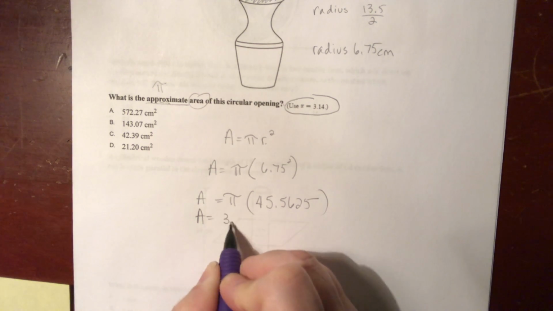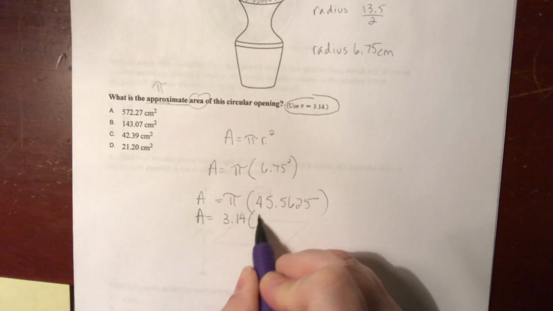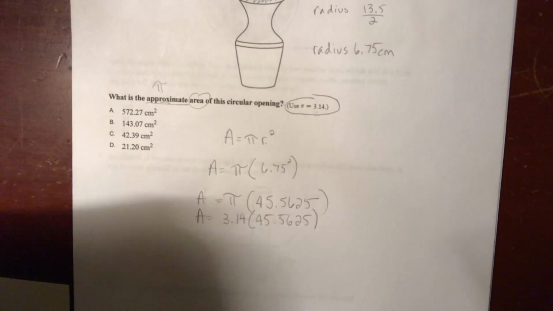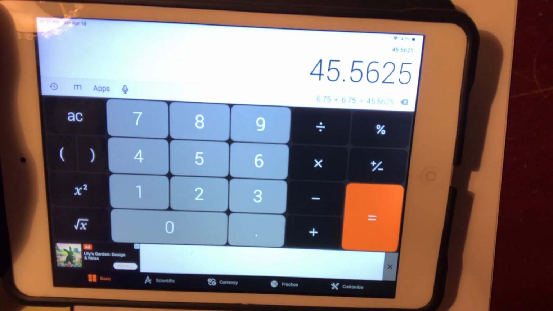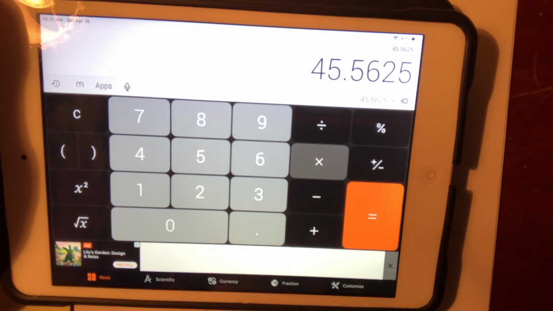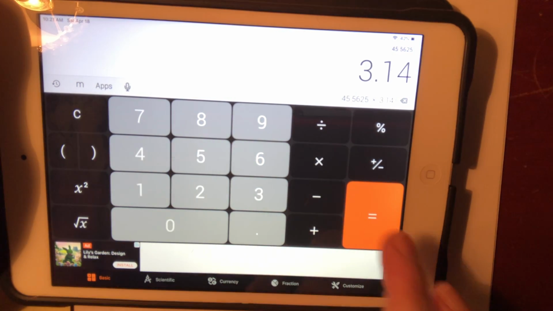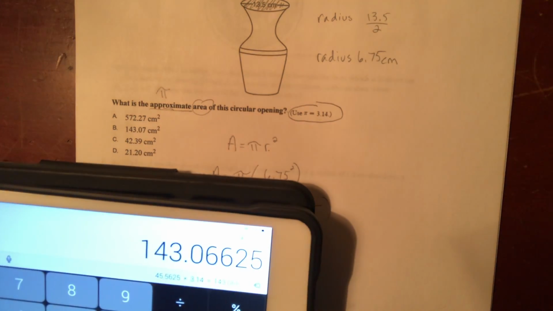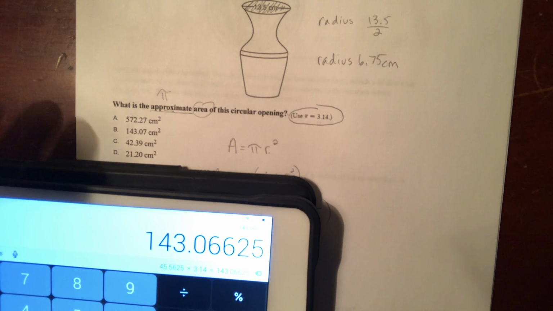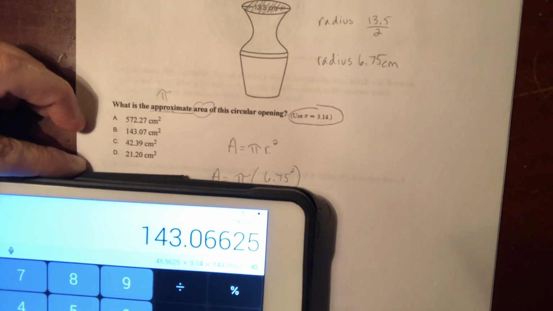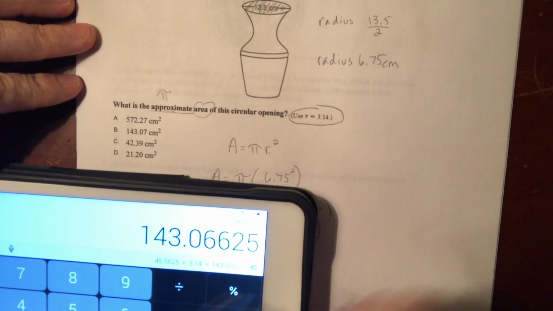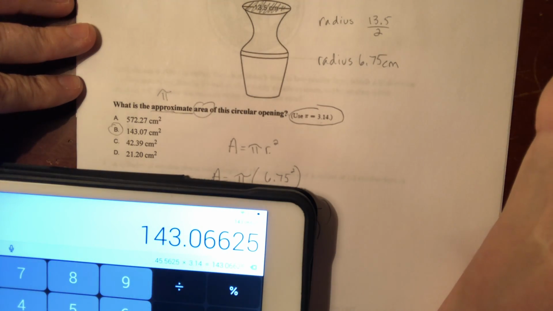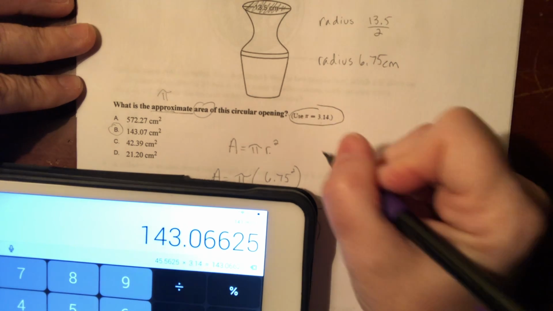So area equals 3.14 times 45.5625. I've already got my 45.5625 in here, so I'm just going to multiply it by 3.14. And I get that number. All right, so let's look at the answers. The closest answer to all of that looks like B. That is the best possible answer. I'm going to go check my answers, and it's right. We got it right.